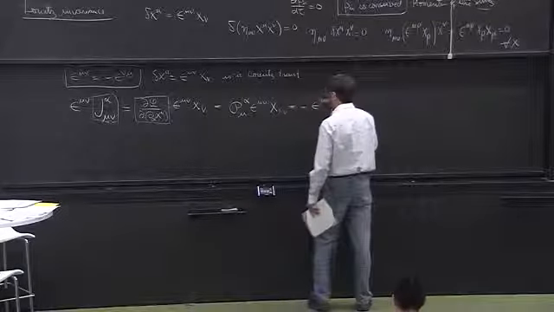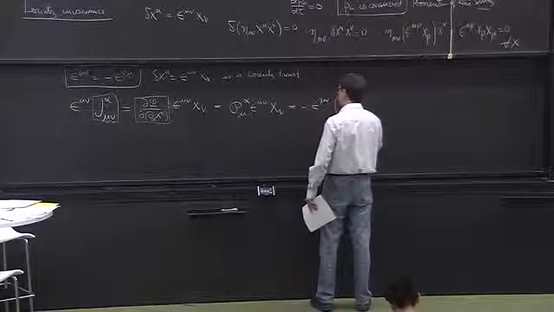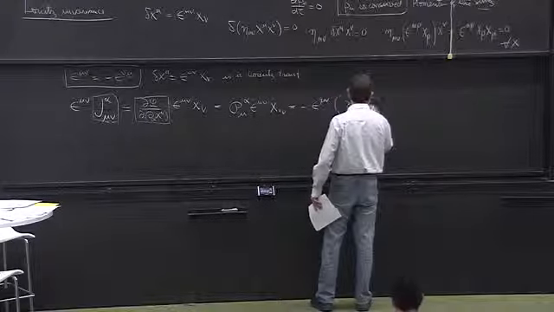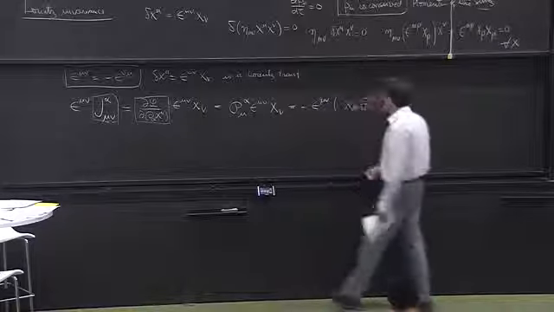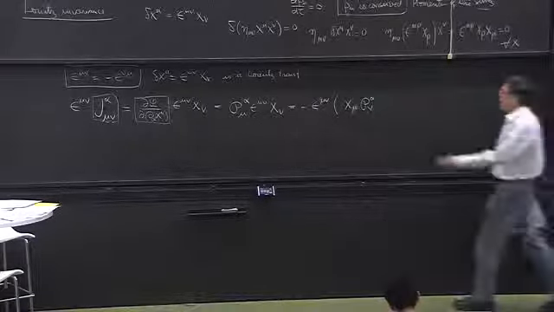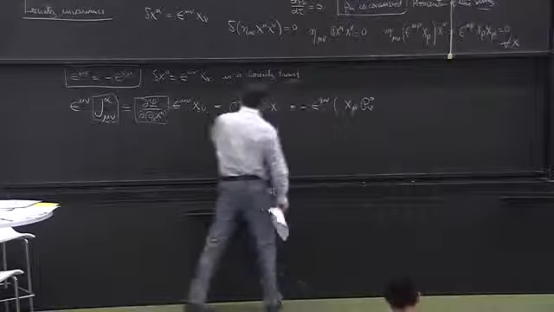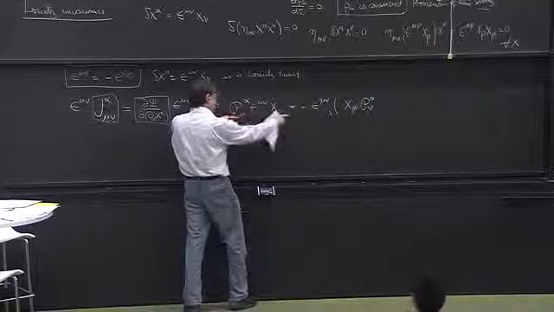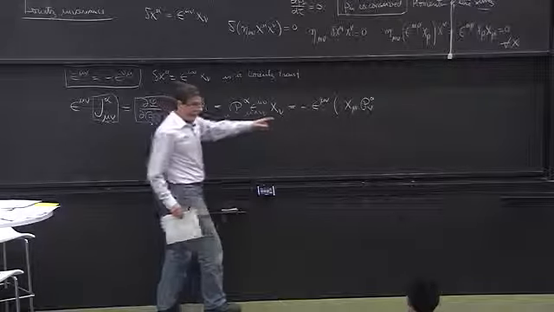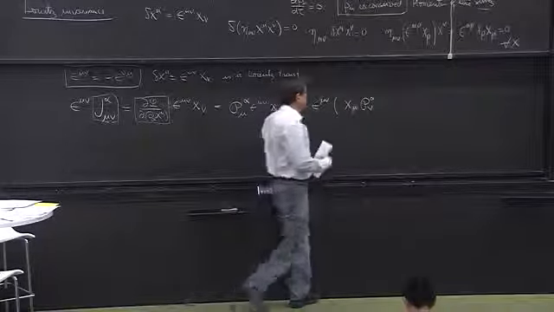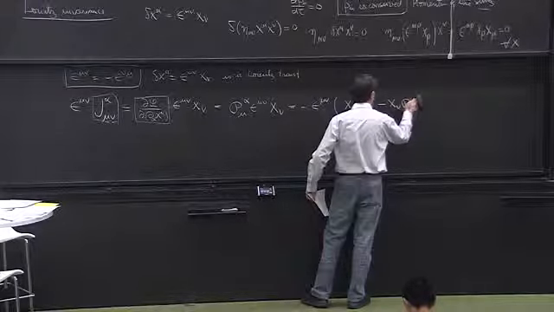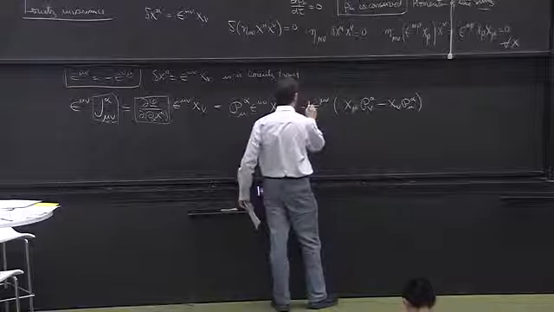I put a minus there for convenience, and then I'll put x^mu P_nu^alpha. Is that right? Because epsilon_{mu nu} is antisymmetric, so if I change the mu and the nu here, I get a minus sign. But I want to write this as a manifestly antisymmetric thing, so I'll put x^nu P_mu^alpha, and I'll put a 1/2 here.